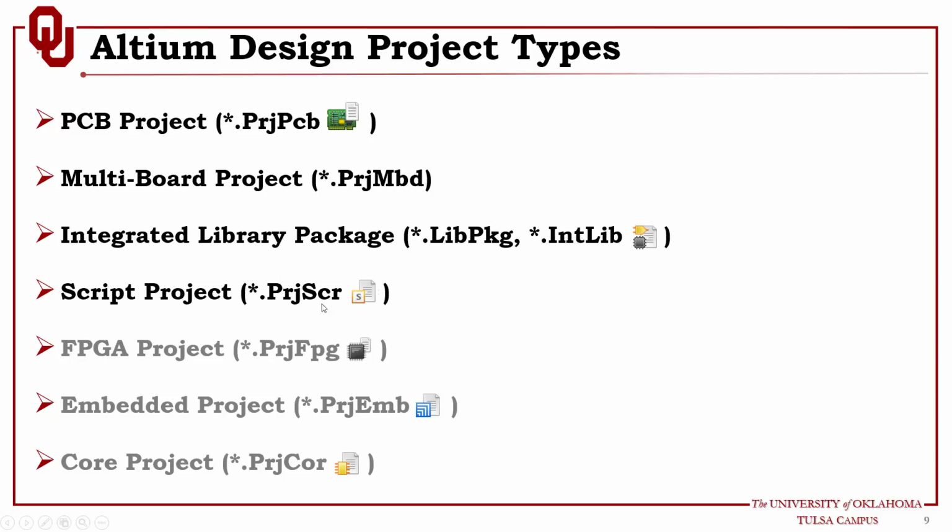Script project. Altium Designer also supports scripts, which are a set of instructions that are interpreted whenever a script is executed in Altium Designer. The scripts are written and debugged in the same environment, so you don't need to go outside Altium to do a script.